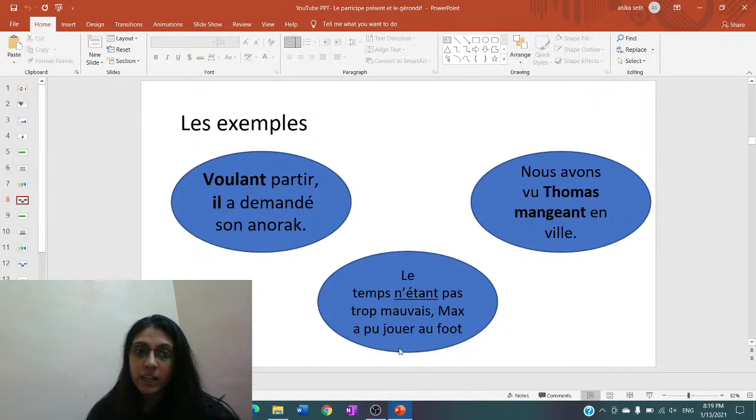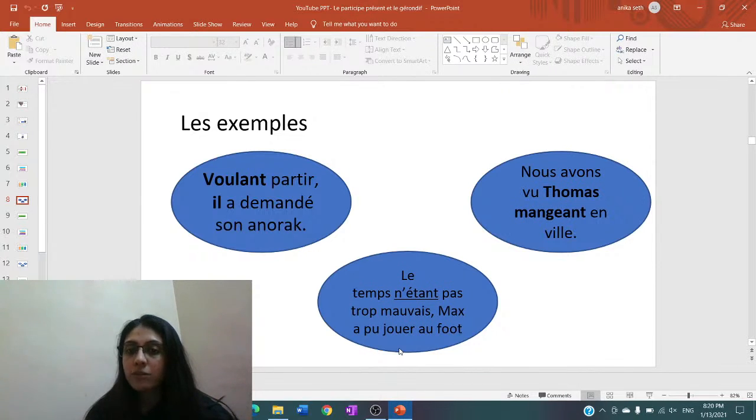So wanting to leave, voulant partir. It's not il veut partir. If it was used with il as the subject pronoun, we would have conjugated the verb vouloir. So, voulant partir, il a demandé son anorak.